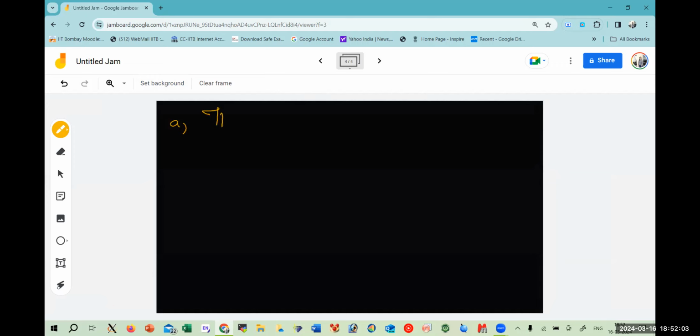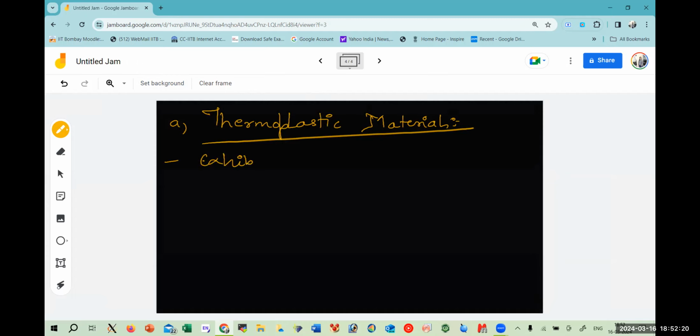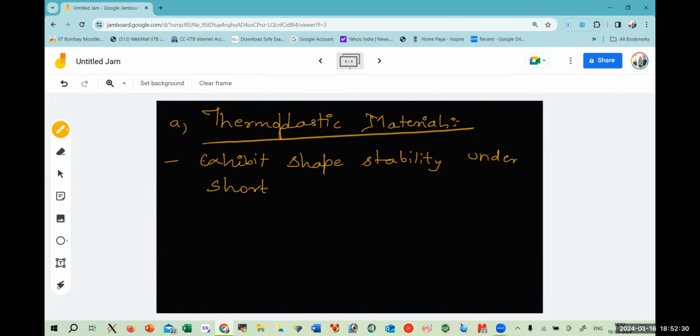So the first one, thermoplastic material. What are their features? So their feature is they have shape stability under short-term strain.